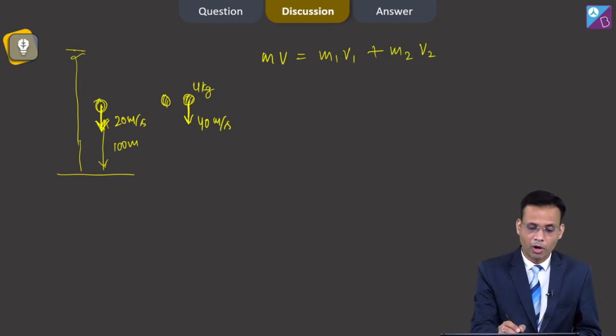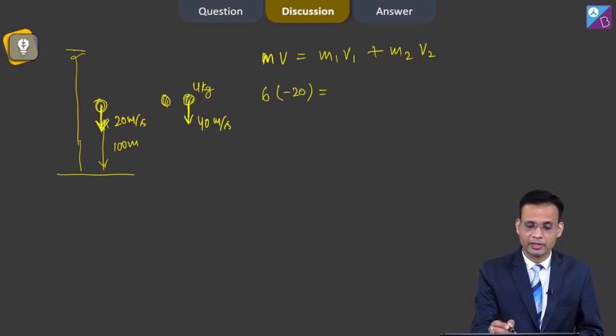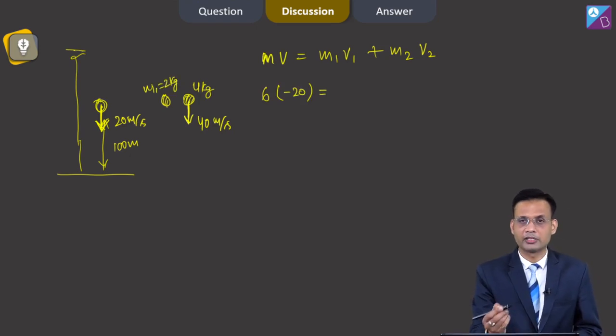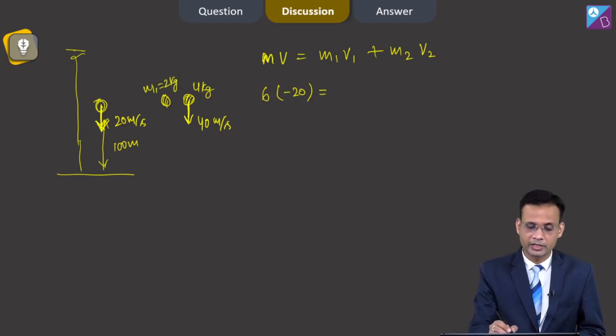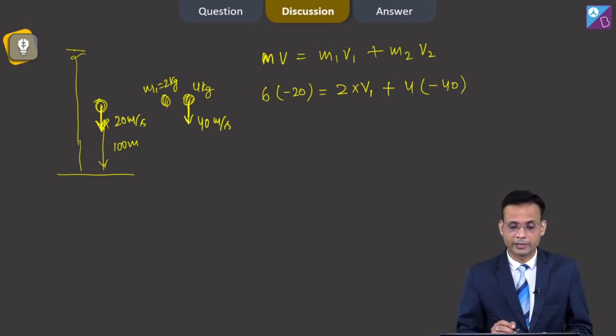So, the mass of the bomb before explosion is 6 kg and the velocity is minus 20 meter per second. m1 is 2 kg, which is the mass of the lighter object. We do not know the velocity, so let us suppose it is v1. The mass of the heavier fragment is 4 and the velocity is in downward direction, that is minus 40 meter per second.